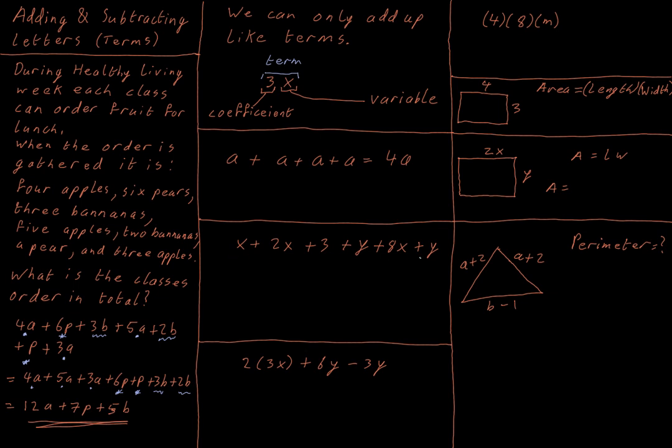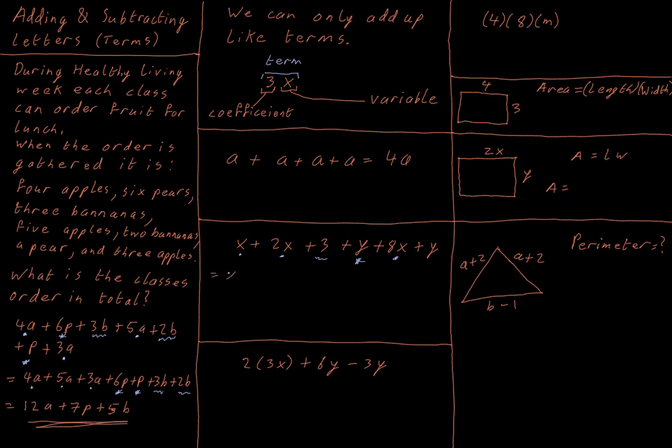Now, what happens if, like in our fruit example, we don't have all of the same letter? We have different letters going on. Well, then I'm going to do what I did in my fruit example. I'm going to put a different symbol underneath each type of thing, and I'm going to gather them up. So let's gather up all of the different types of things.